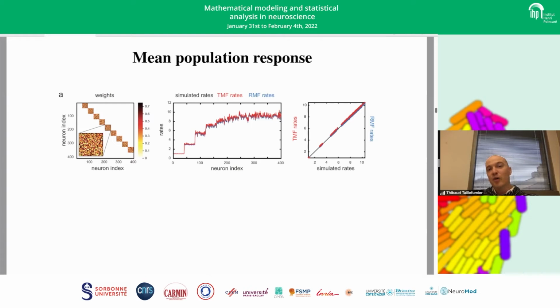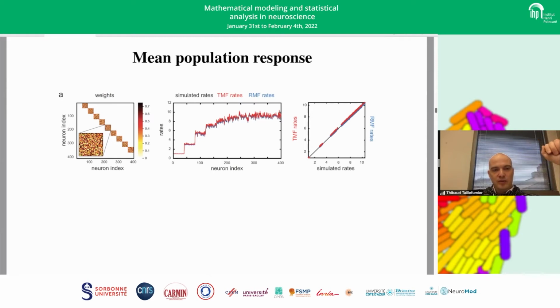So basically, both of them work very well, and there's no real benefit to go to a replica mean field rate, and that is because connections are dense, so there's a lot of averaging going on, and it doesn't really matter that you keep track of the finite structure of the network. So it doesn't really matter that you know that you only have, I don't know, 5 neurons that you receive input from on average.